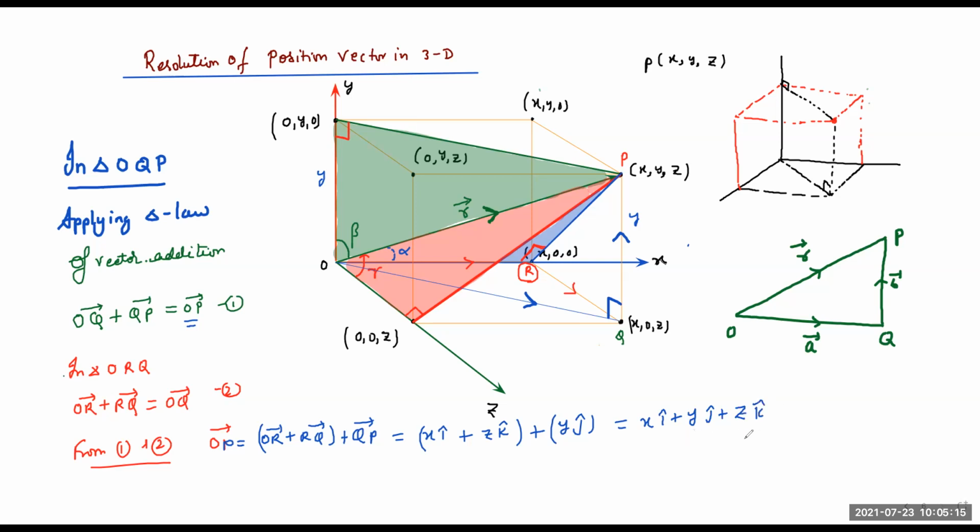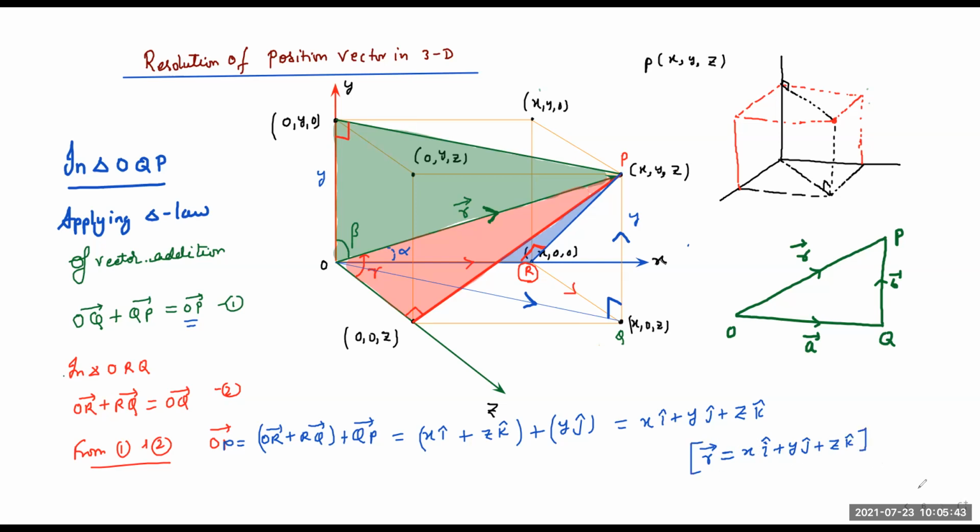If you know the three coordinates, you just put i, j, and k with each coordinate, and you're done. Therefore, every position vector in three dimensions we can express as the sum of three components: x i cap, y j cap, z k cap. This is very, very important.